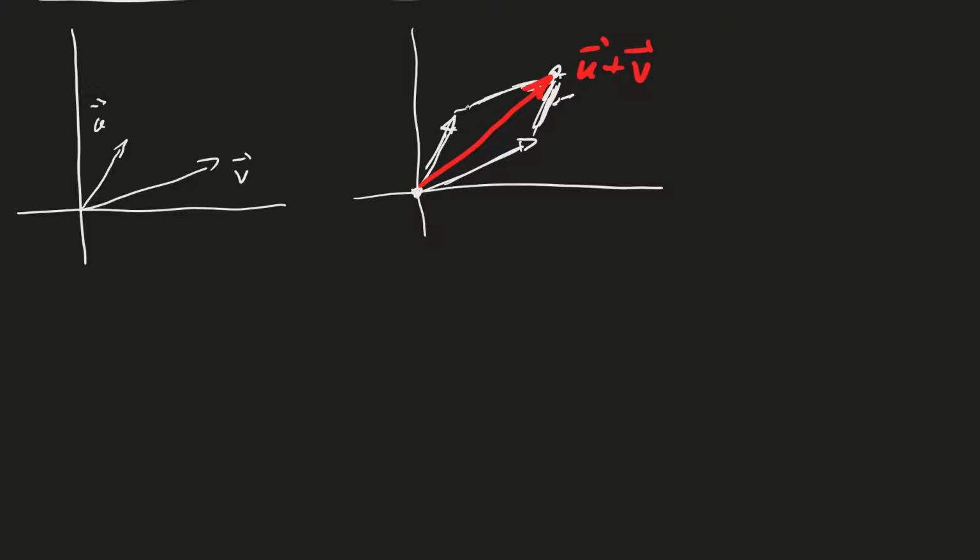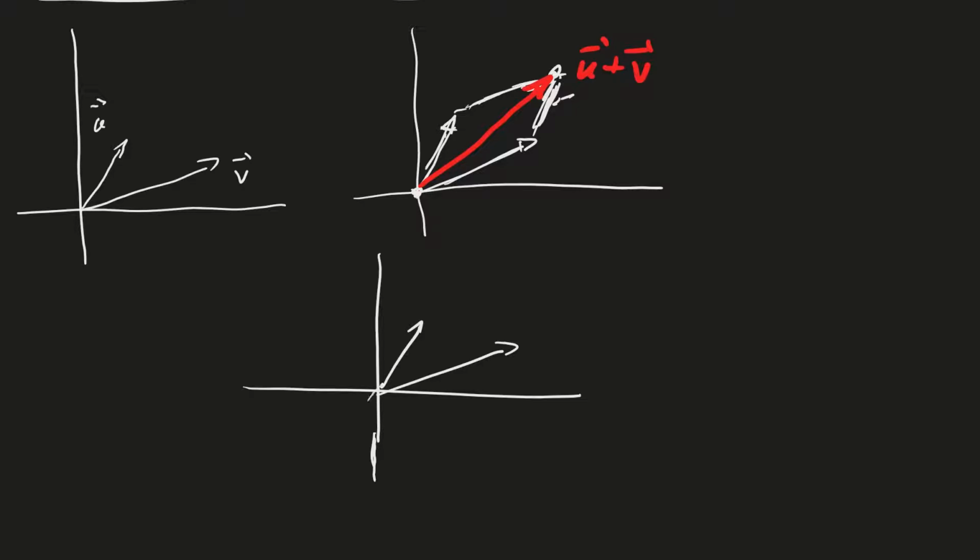Similarly, we could draw the vector U minus V as well. So if I wanted to draw U minus V, let me go ahead and just draw U and V first. U minus V, I would take U minus U plus V, right?